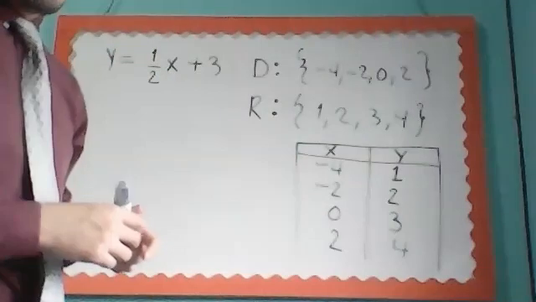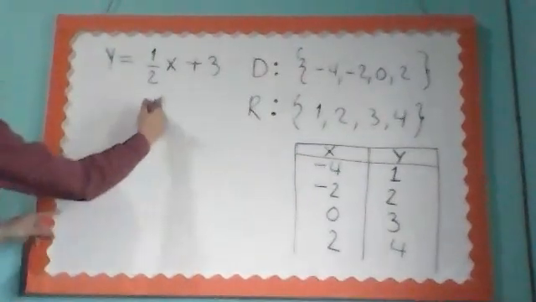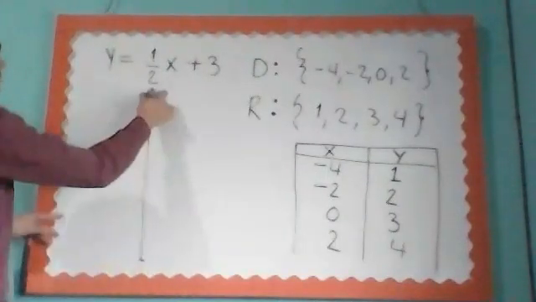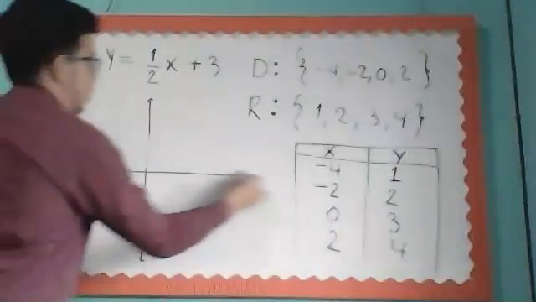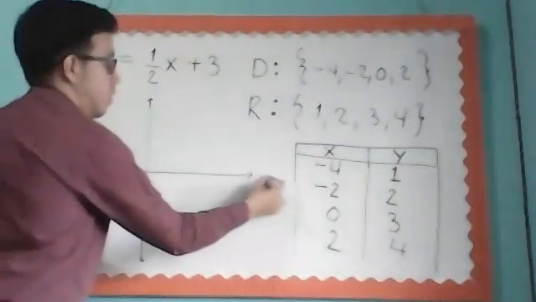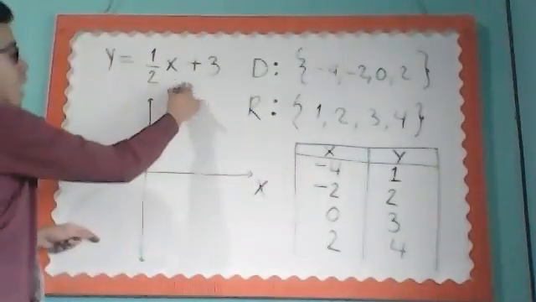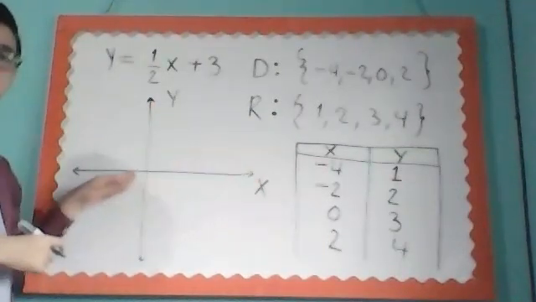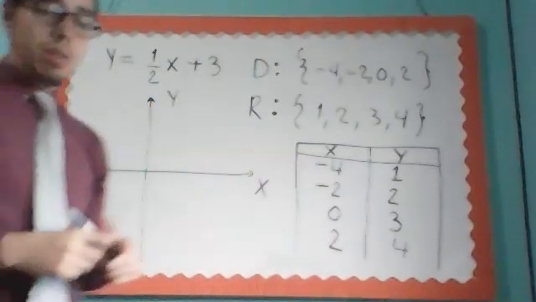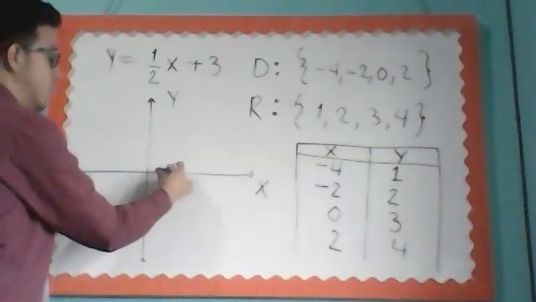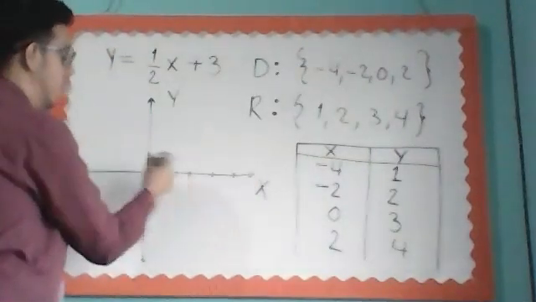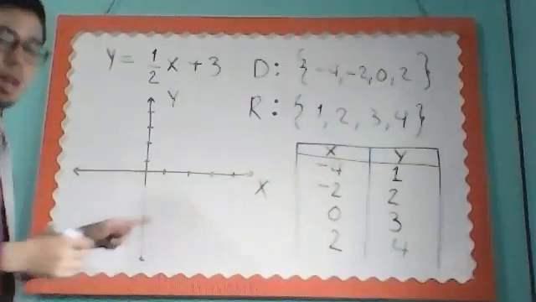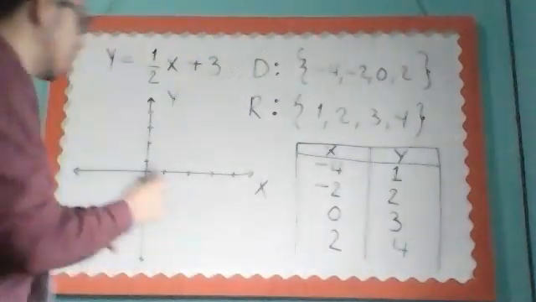Now I only need to graph this equation. When you are going to graph, you have this: this is for x, and the vertical line is y. The vertical axis is y, and the horizontal one is x. I'm going to write 1, 2, 3, 4, the same in here, 1, 2, 3, 4. But we have the negative numbers for the x too.